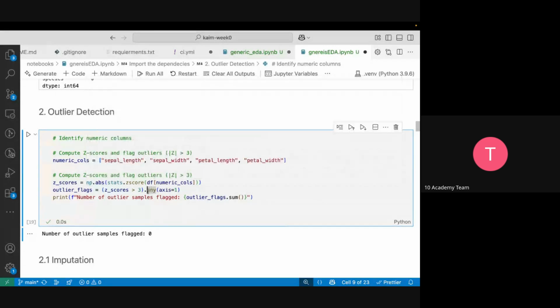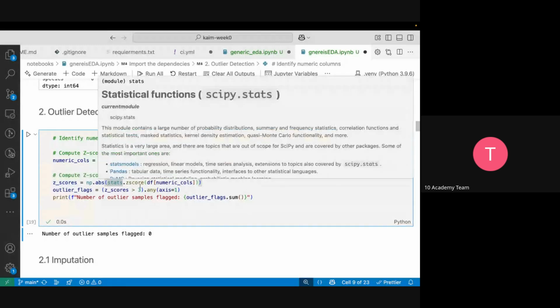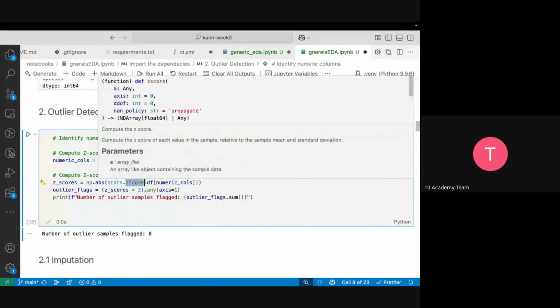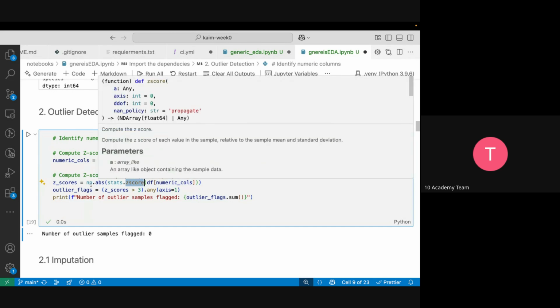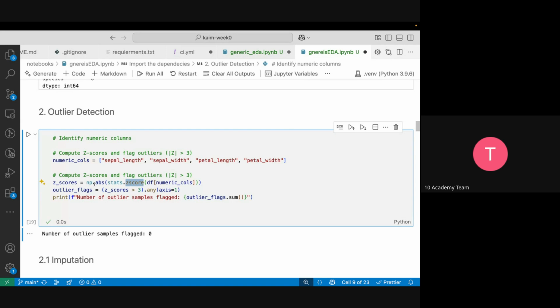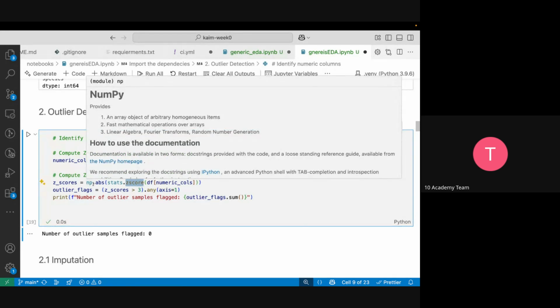I'm just trying to explain what this code does. So it's going to find the z-score of the numerical values of the data frame. DF is the data frame that we are working on. For this data frame, we take the numerical columns, find the z-scores and the absolute value, and assign it to the z-score variable.